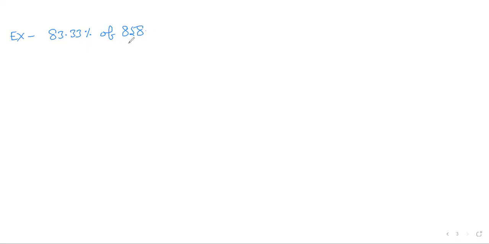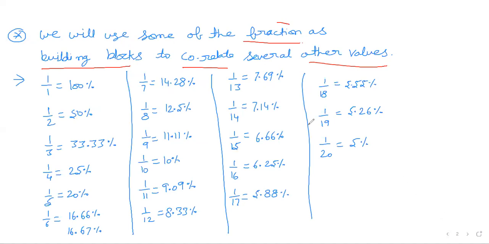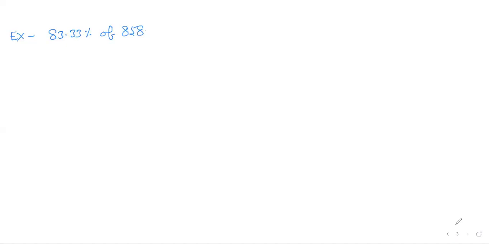Okay. So what should we do? If you don't remember all these values, all these fractions, right? Then anybody will do like this: 83.33 upon 100 into 858. Okay, this is the obvious thing.